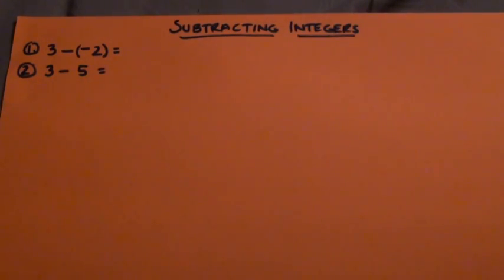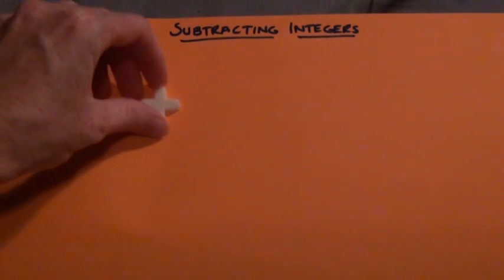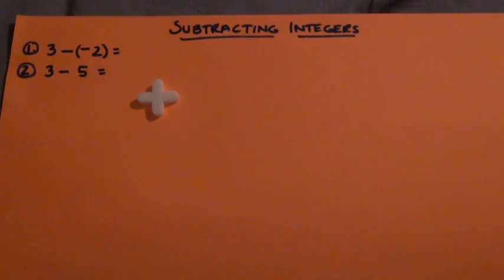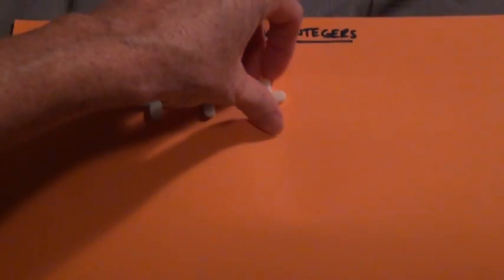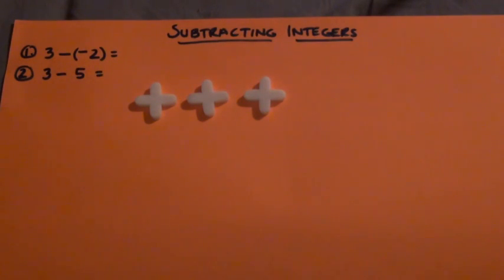The next problem is 3 minus 5. If I have 3 positives, and I try to take away 5 positives, I don't have 5 positives to take away, so I need to bring in 0 pairs again.